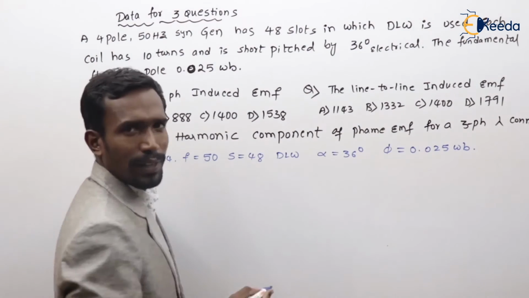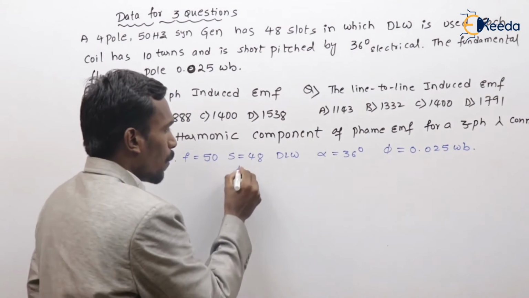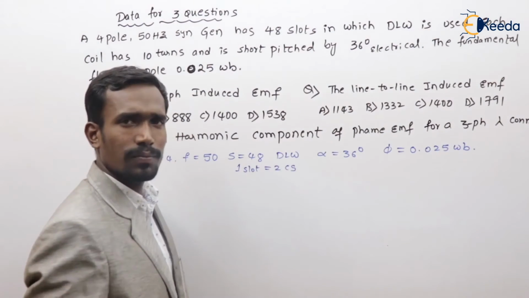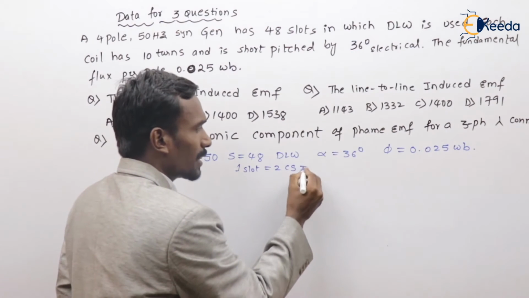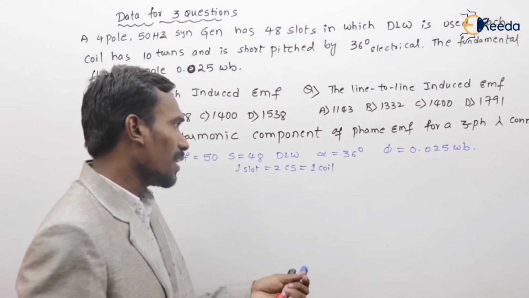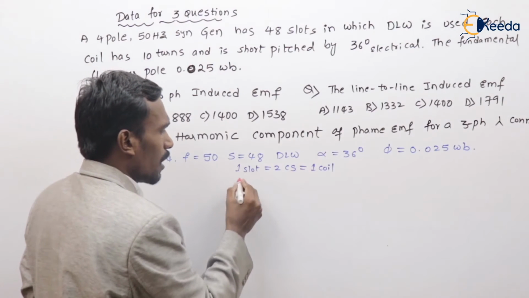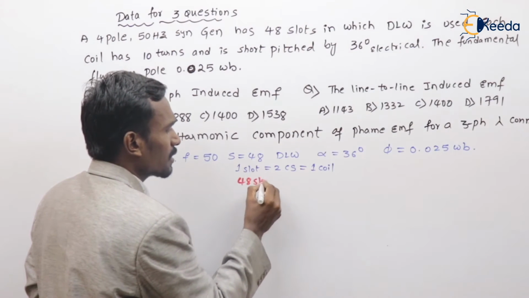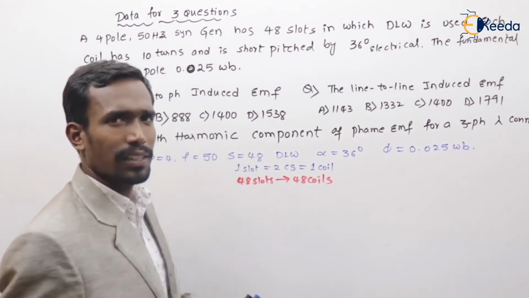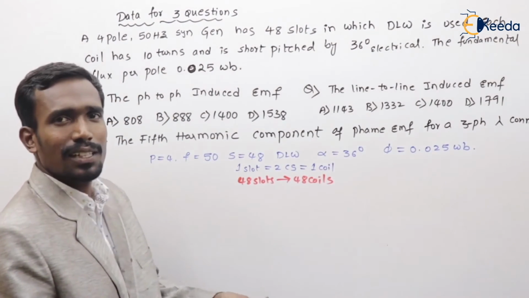One slot has 2 coil sides, which is nothing but 1 coil. So 1 slot, 1 coil; 48 slots means 48 coils. Each coil has 10 turns.